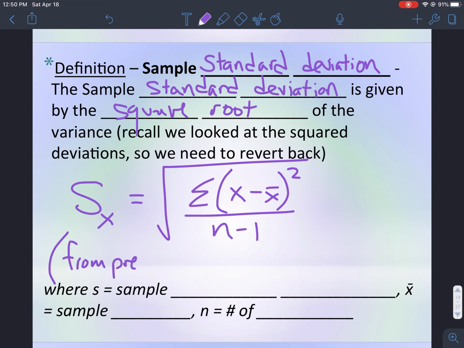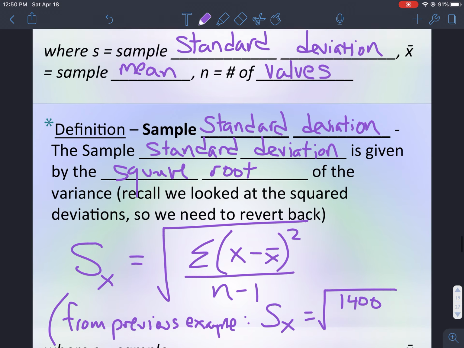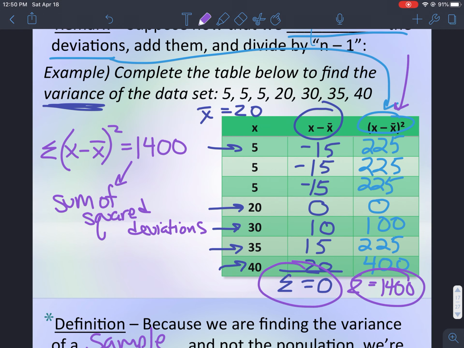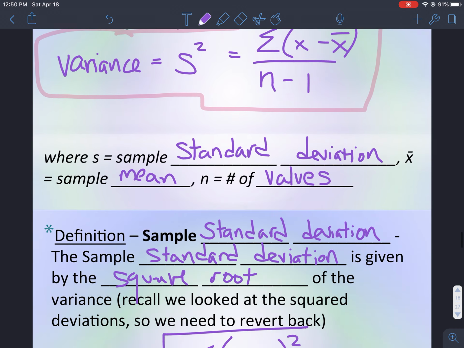From the previous example, we would get the standard deviation as the square root of 1400. Now let's go back up. So it's this number divided by the number of values, 1, 2, 3, 4, 5, 6, 7, minus 1.